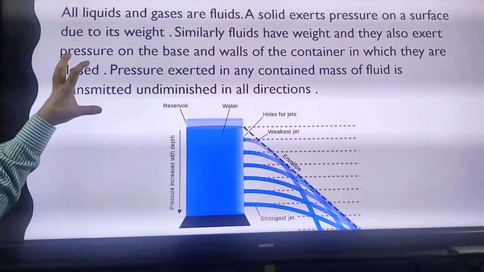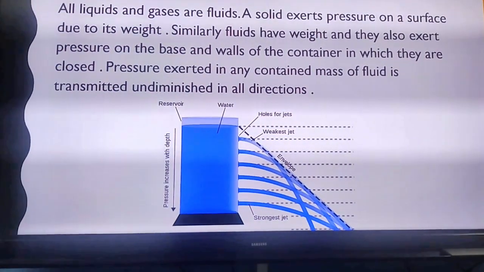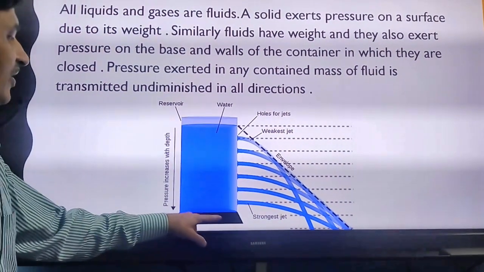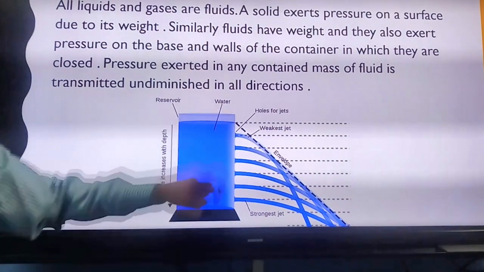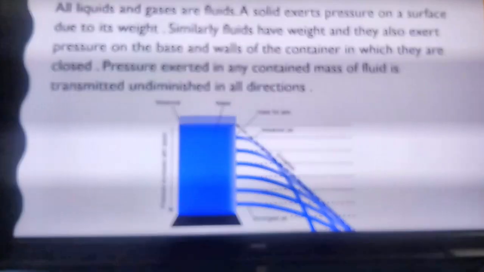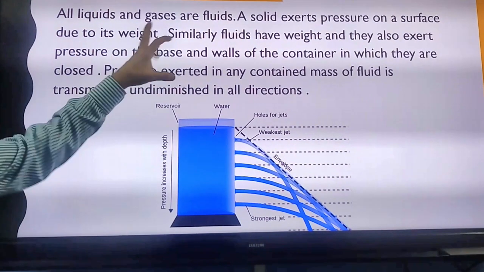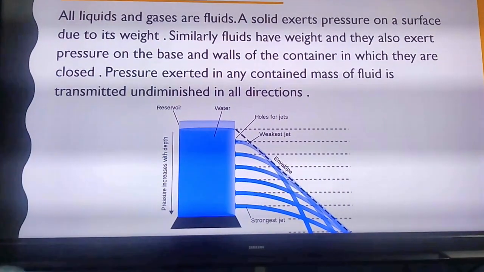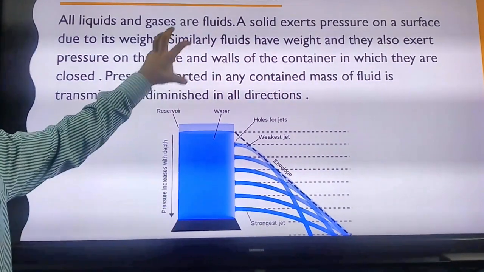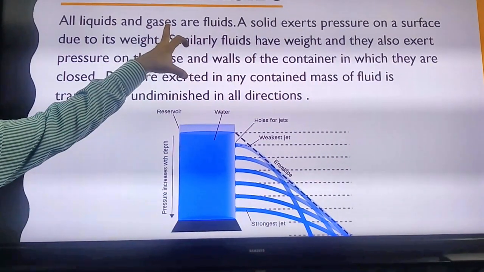Fluid also experiences pressure on the surface, on the bottom, and on the walls of the container in which it is kept, due to weight. Pressure is exerted by the body due to its weight. Fluid means liquid and gas.